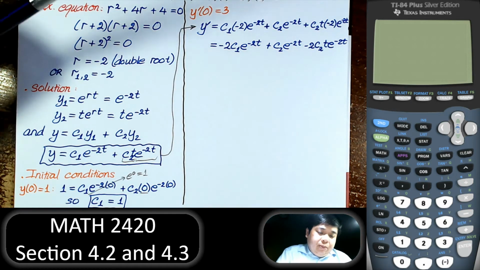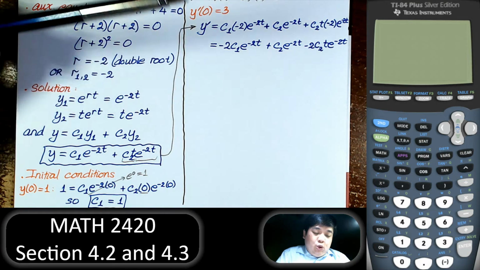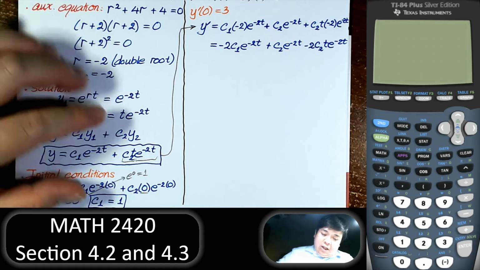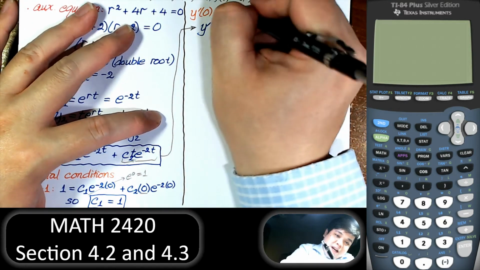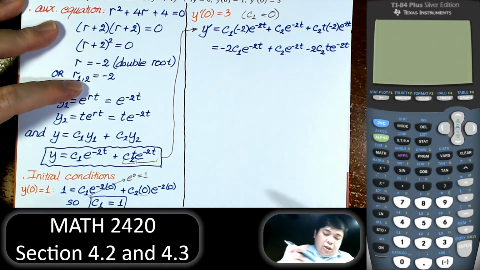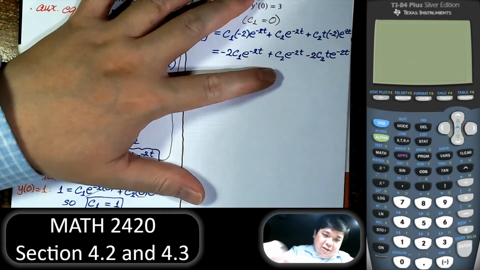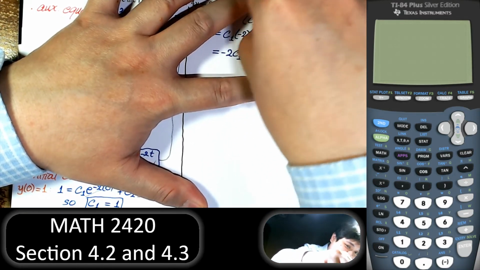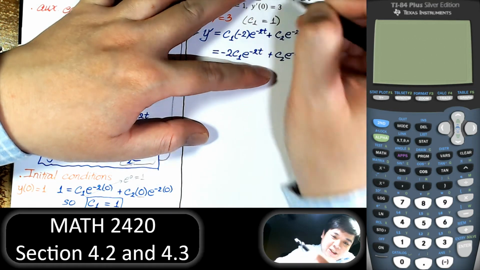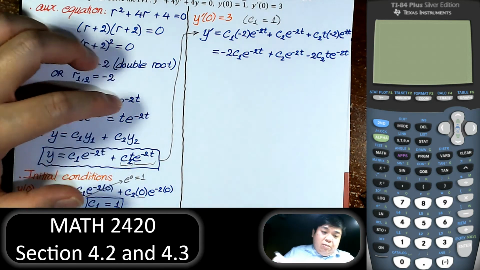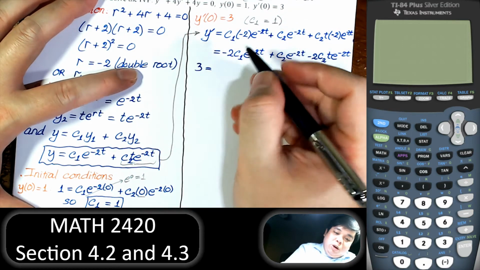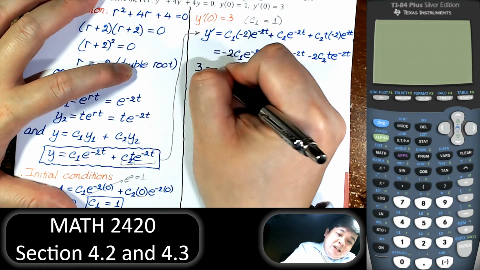Right, now I'm going to make that equal to 3 and put 0 in for t, and also we know C1 is equal to 1, so we substitute everything we know. Glad I wrote that in pencil. C1 is equal to 1. Now make the derivative equal to 3 when we put 0 in for t and 1 in for C1.